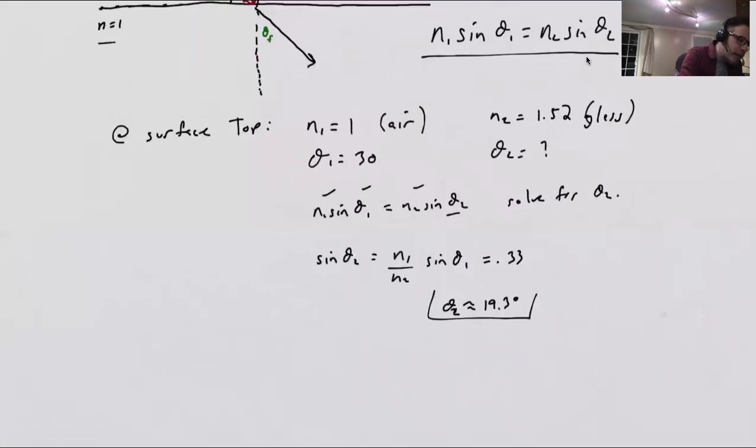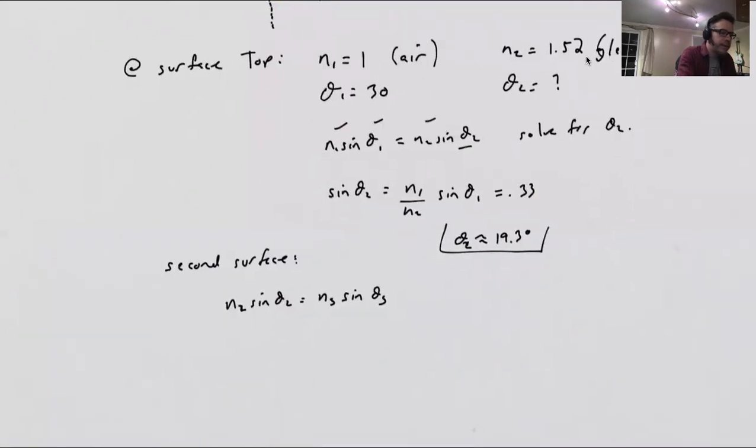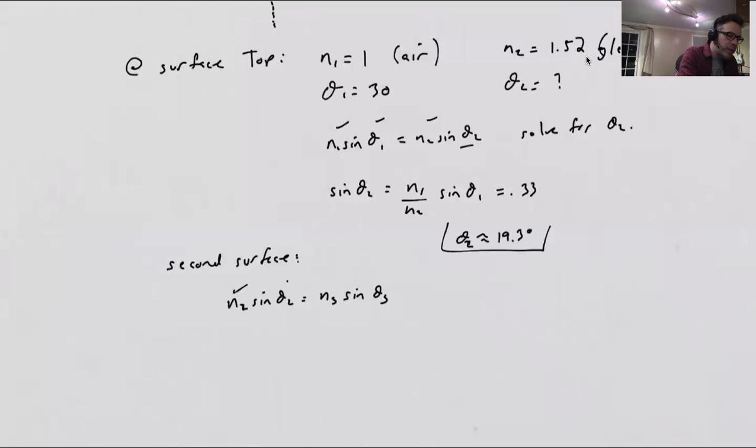So now we can use n2 sine theta 2 equals n3 sine theta 3, namely across the second surface. Now we know n2, we know theta 2, we know n3, and we want to solve for theta 3. Here, n3 is back to 1 because we're back out in air again.